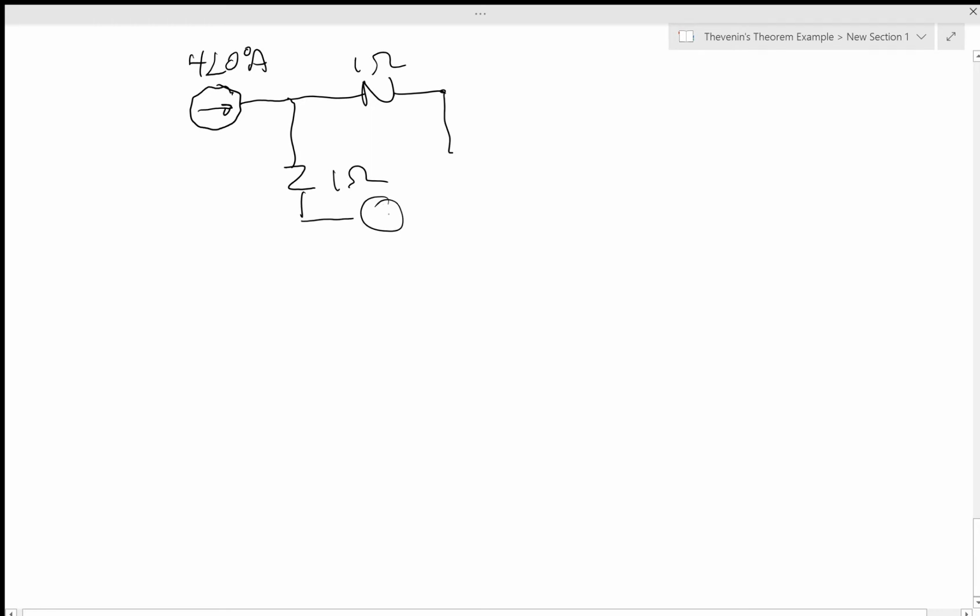Now, I'm going to go back real quick and show you what you could do if you decided to do something else with the circuit. So here we go. I'm going to do it as if you were a loop person. I'm not going to do the nodes, too much work. You guys can do the nodes. So this is 4 angle 0 degree amps. I have the 1 ohm resistor, the 1 ohm resistor, and the 6 angle 0 degree amp source right there.